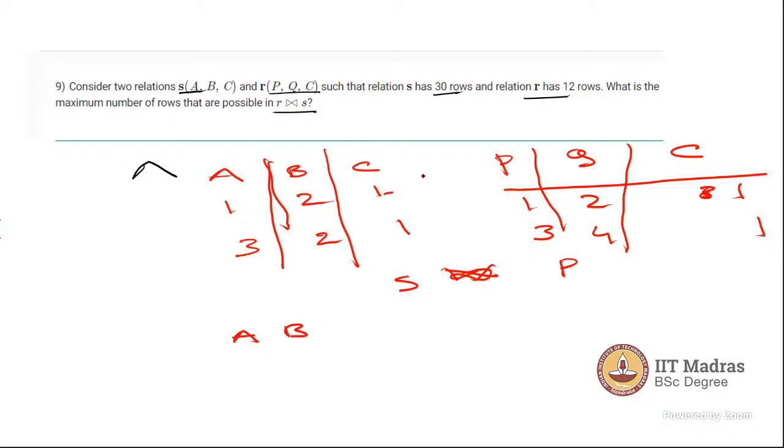Yes, sir. So simply, suppose S has 30 rows and R has 12 rows, then it will be multiplied. I think you got it. You got it? Yes. Okay.